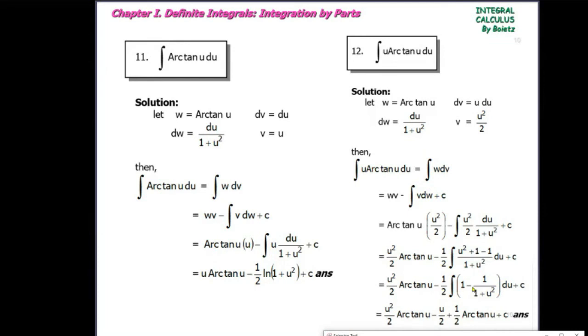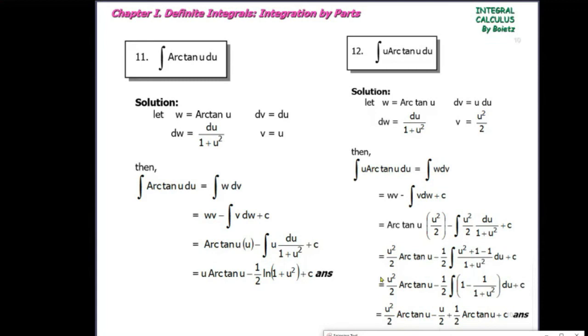Then minus 1/2 integral lang arctan u, kasi du over 1 plus u squared, your a is equal to 1, yung pinaka-u mo is u squared. So 1 over a, arctan u over a, or 1 over 1 arctan ng u over 1, or u, then plus c. And that is the final answer.